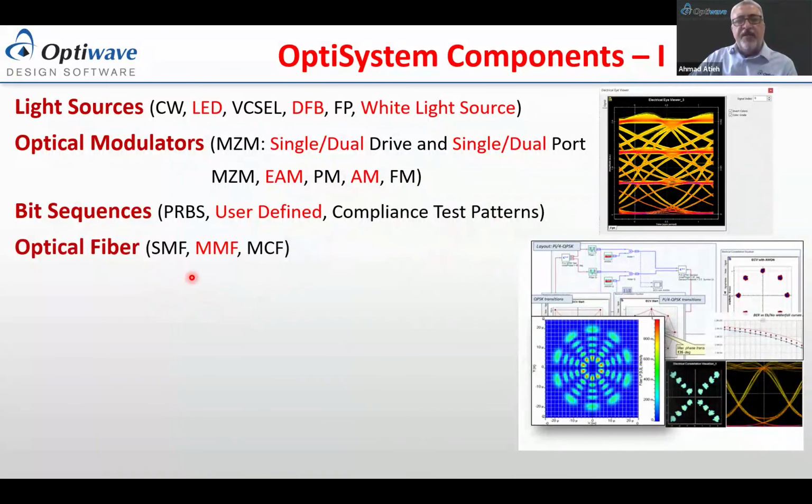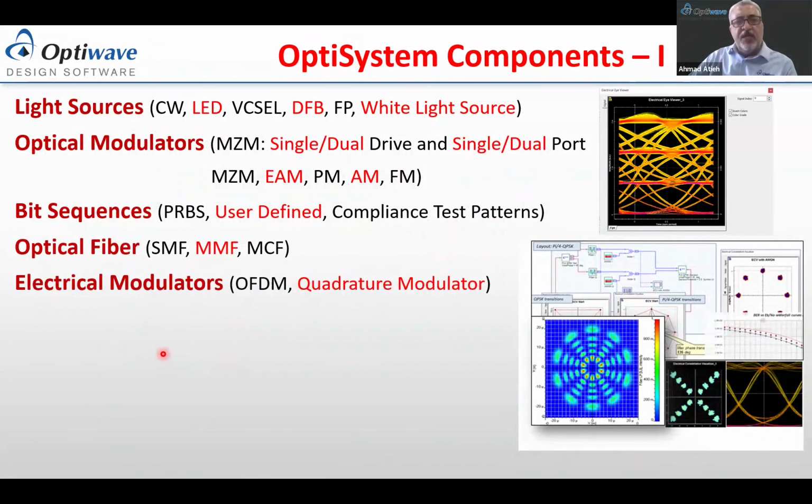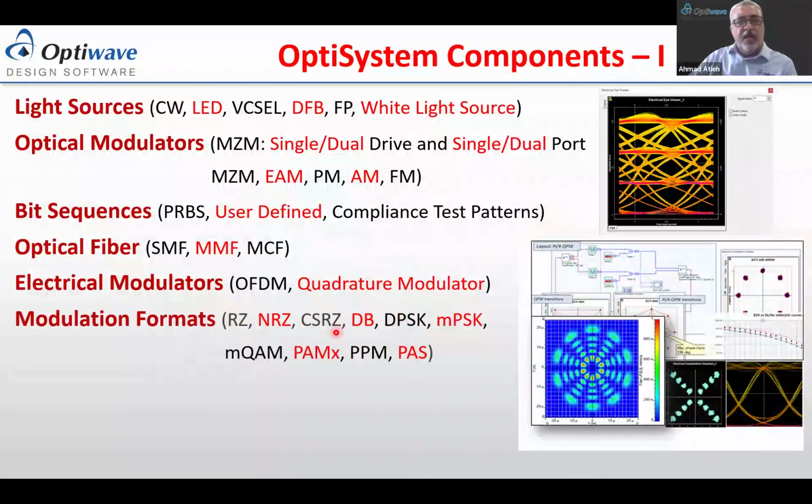Optical fiber, we have different types of fibers: single mode, multi-mode, as well as multi-core fibers, which can be used as single mode multi-core or multi-mode multi-core fibers. Electrical modulators, we support orthogonal frequency division multiplexing, as well as quadrature modulators for intermediate frequency generation.